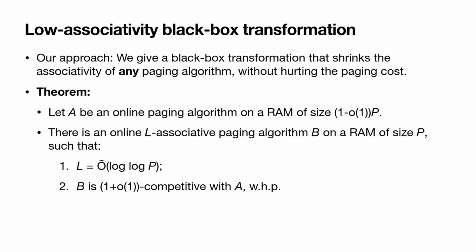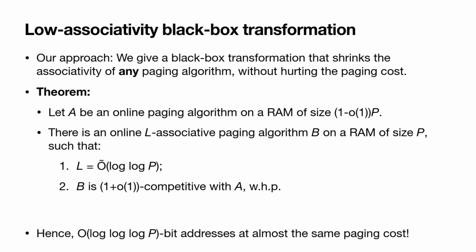Then there is an online L-associative paging algorithm B on a RAM of size P, such that the associativity L is roughly log P, and the paging cost of B is about the paging cost of A with high probability. And therefore, this theorem immediately gives us log P bit addresses at almost the same paging cost.